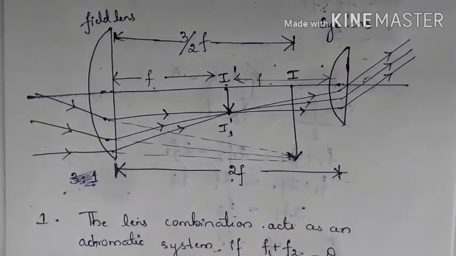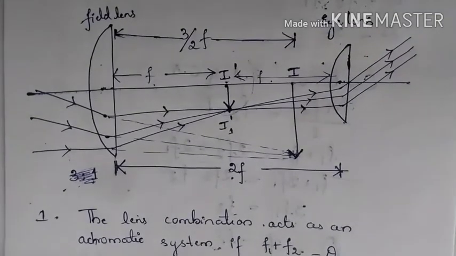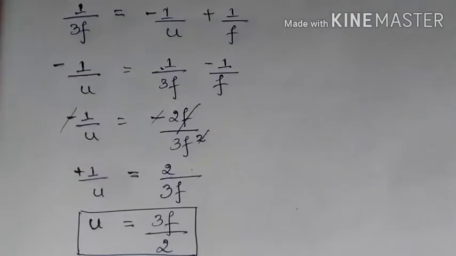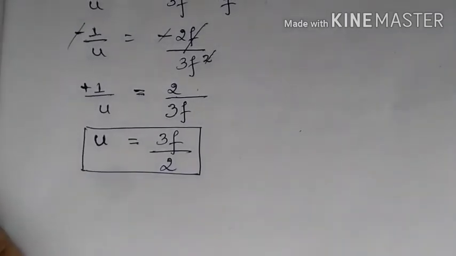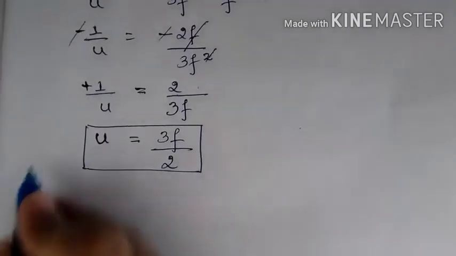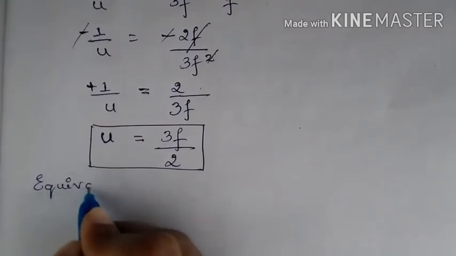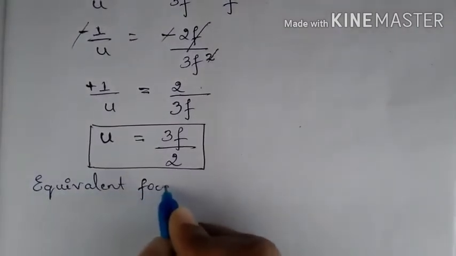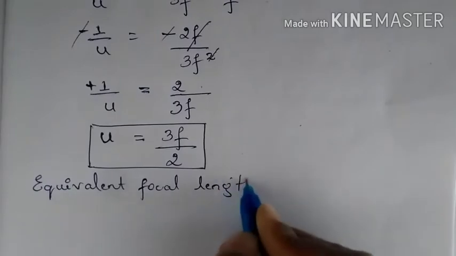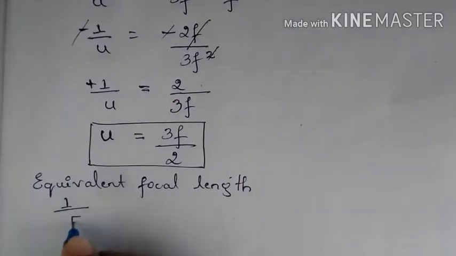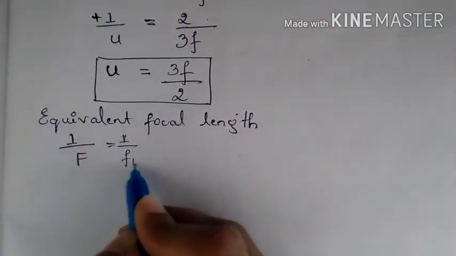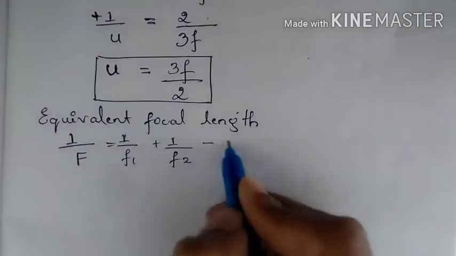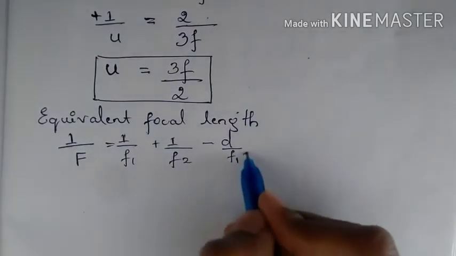Now next let us find what is the equivalent focal length. The equivalent focal length will be calculated by the formula 1 by f is equals to 1 by f1 plus 1 by f2 minus d by f1 f2.